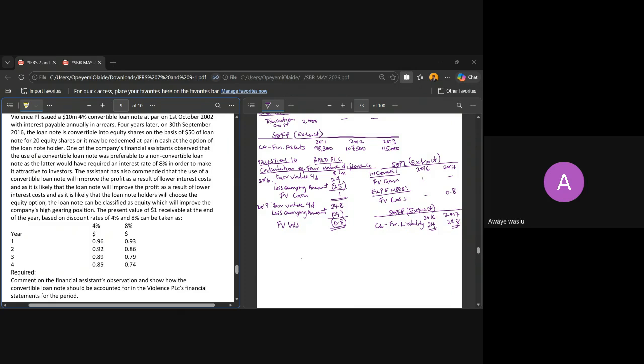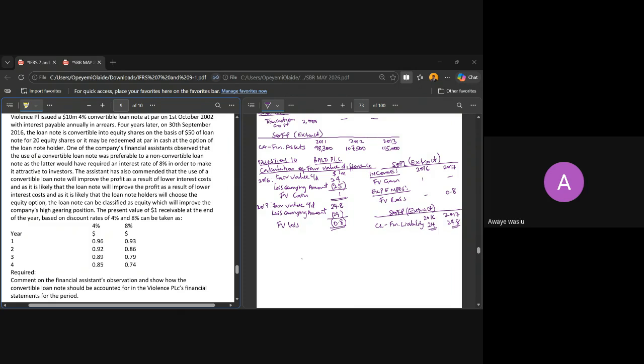One of the company's financial assistants observed that the use of the convertible loan note was preferable to a non-convertible loan note, as the latter would have required an interest rate of 8% in order to make it attractive to investors.